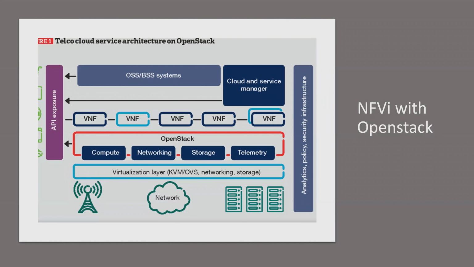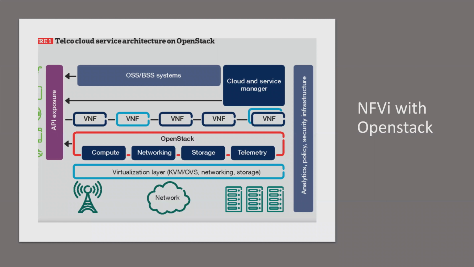So, if I can correlate this OpenStack architecture with the previous slide, the ETSI architecture: below you have the VIM layer, that is your KVM, OVS, the Open Virtual Switch, and you have the storage part.